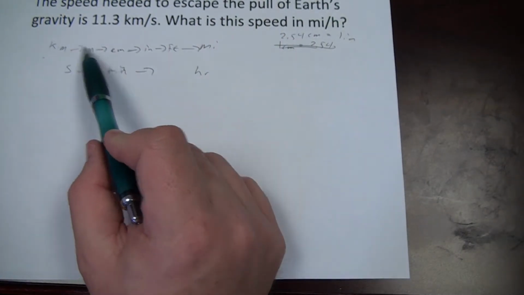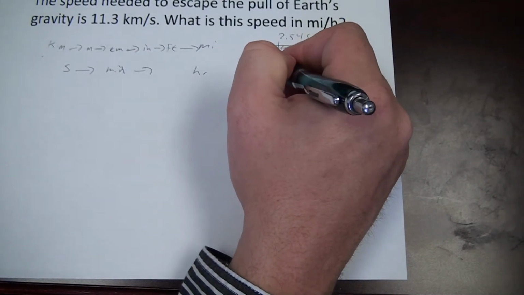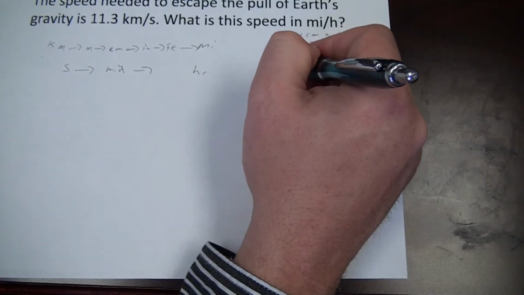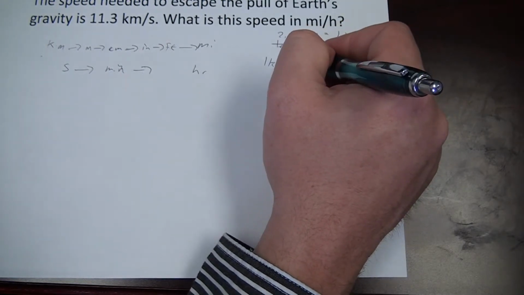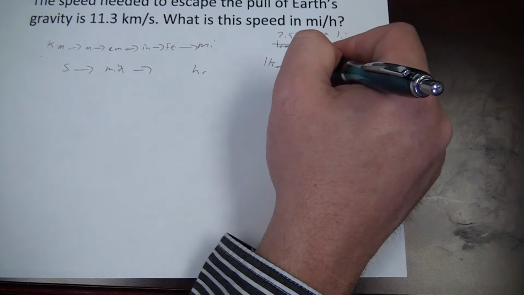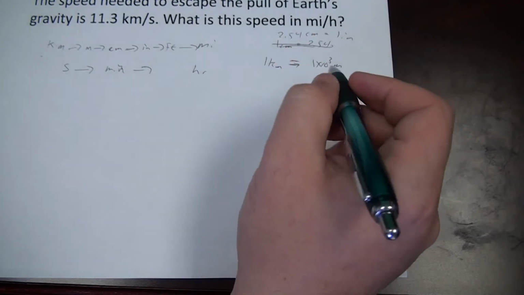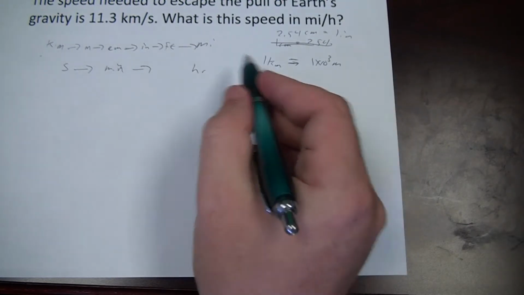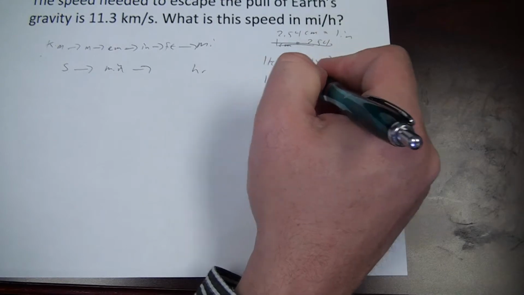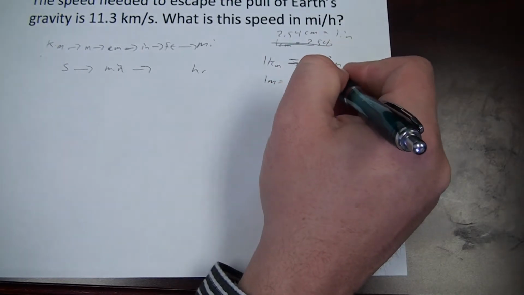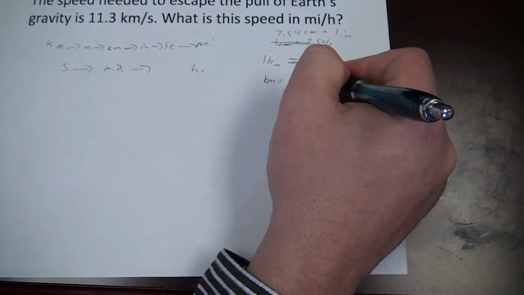Right, so let's look at these conversions then. So 1 kilometer is equal to the prefix 1 times 10 to the third meters. We already have the centimeters to an inch. 1 centimeter is equal to 1 times 10 to the minus 2 meters.